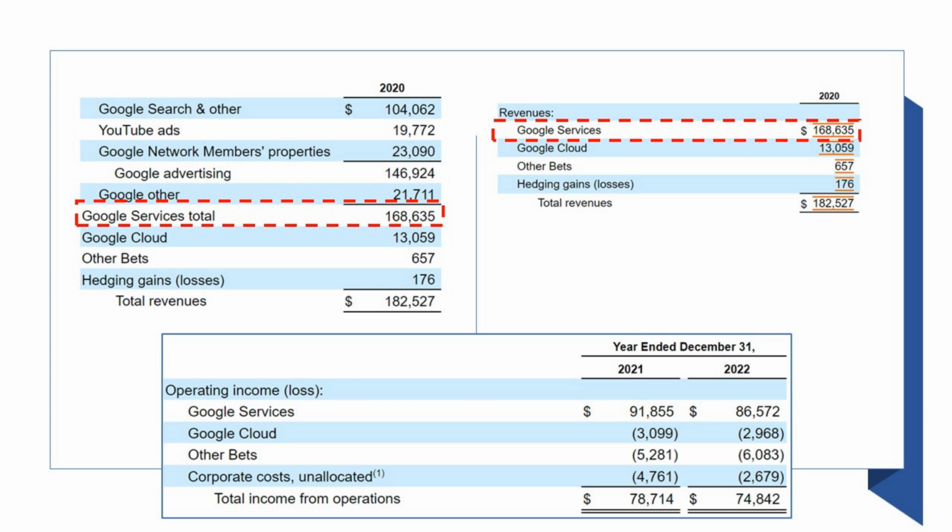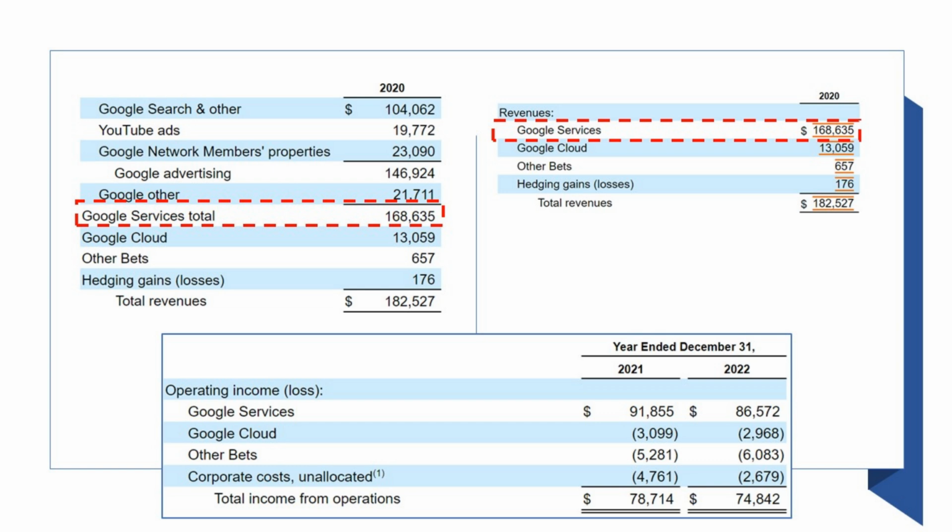Now, what we've done here is we've taken the breakdown that you saw previously, search, YouTube, Google Network, Other, and consolidated that into something called Google Services. You can see that on the upper left here. Then to the right of that, you can see Google Services, then Google Cloud, and Other Bets. So it's really just a more refined way to look at those segments. And from that, we can then look at the below table, which shows the operating income, the profitability for each of these segments.